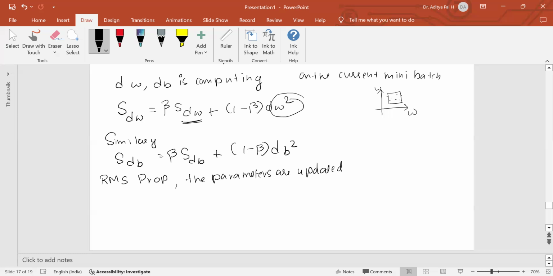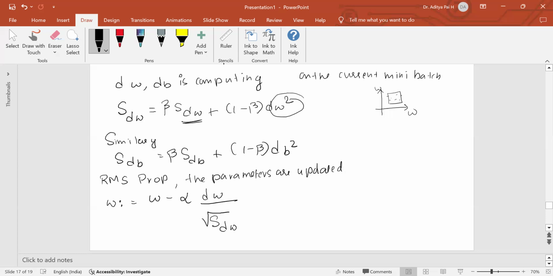So W is nothing but W minus alpha dw. In RMS prop, I am taking the previous weight minus the learning rate times the change in the weight that is taking place, where I take dw divided by the root of sdw.